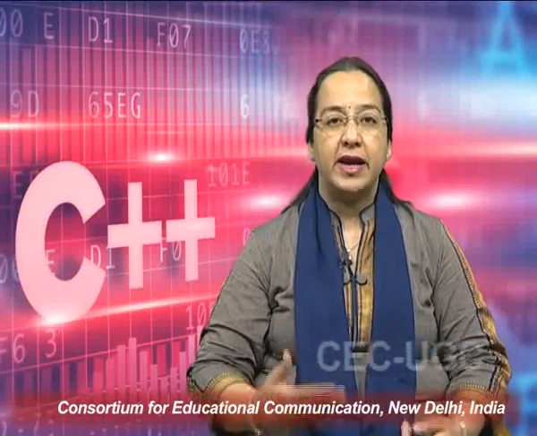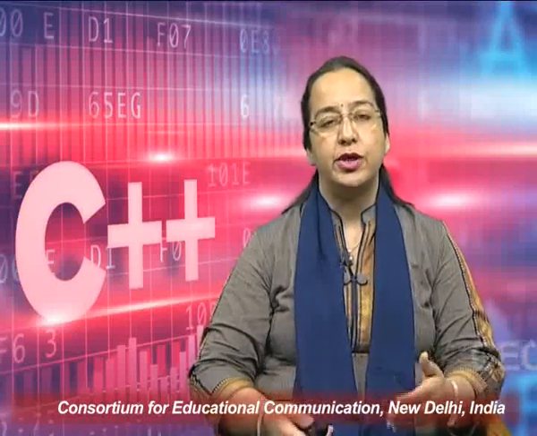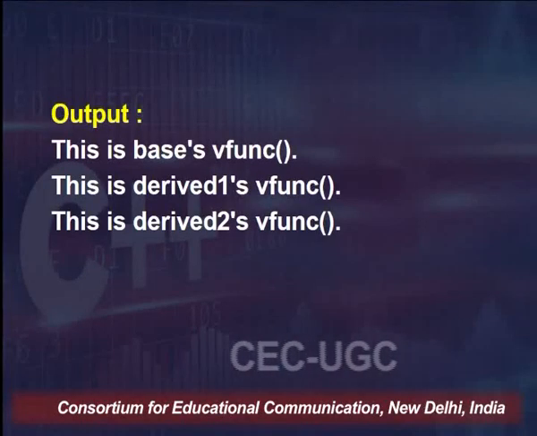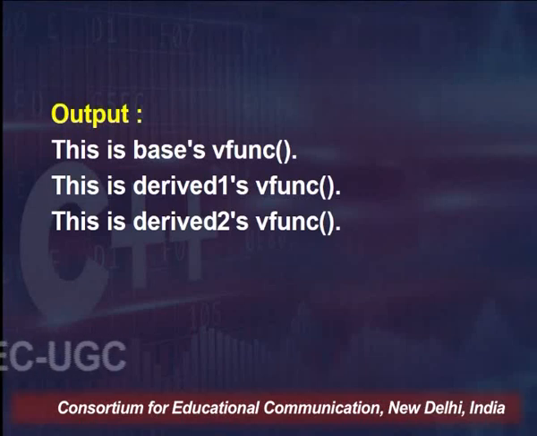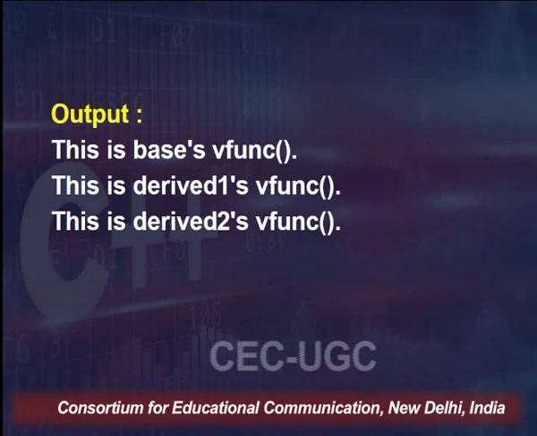And what kind of output should we expect? Whenever we have stored ampersand b, this will give us "this is base vfunc", that means the version of vfunc is being called from the base class.